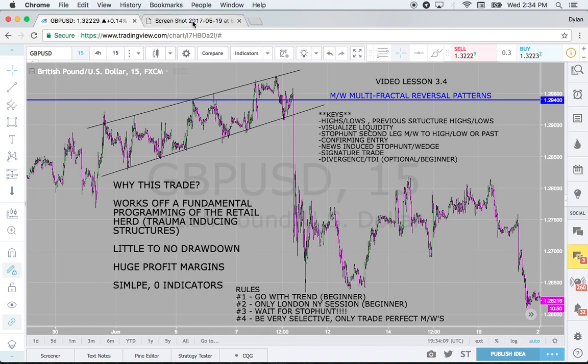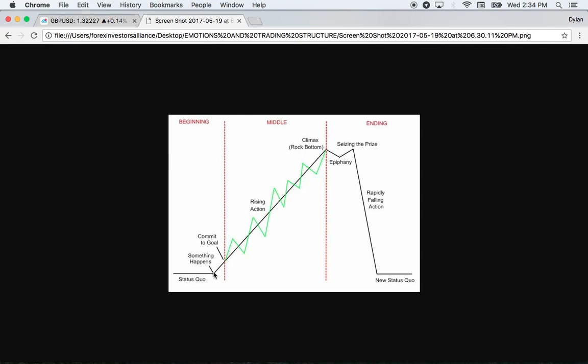So if you read the lesson on our site Forexia Pro, you saw this structure here.